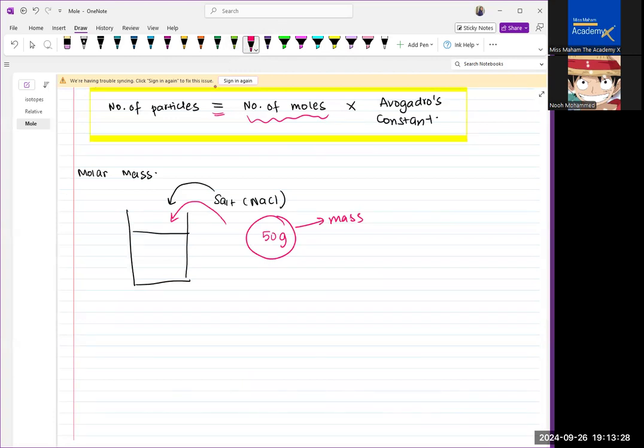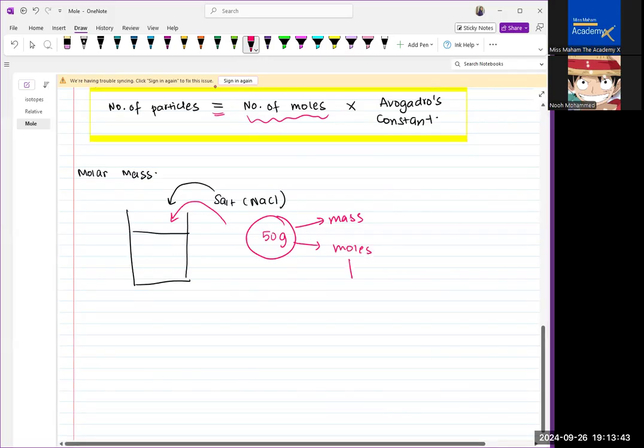If I want to know how many particles are there in 50 grams, what am I going to do? I will convert this 50 grams into moles and then use the same general formula. So moles I'm going to multiply with Avogadro's constant to find the number of particles.